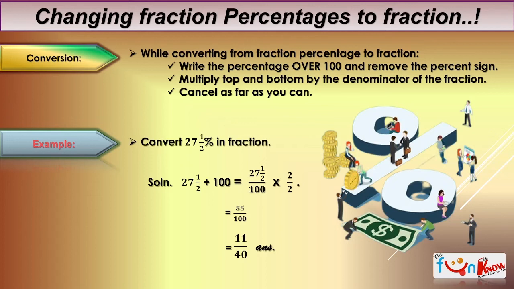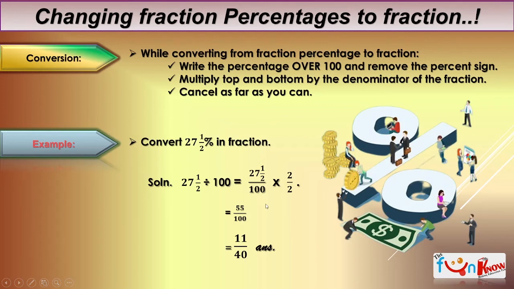So top and bottom you have to multiply. Over here we are writing the fraction, then dividing the fraction by 100 as our rule number 1. Then rule number 2 says whatever the fraction denominator is, you have to multiply top and bottom. We have done that also. So rule number 1 and rule number 2 are done over here.